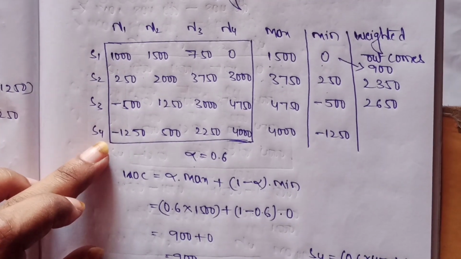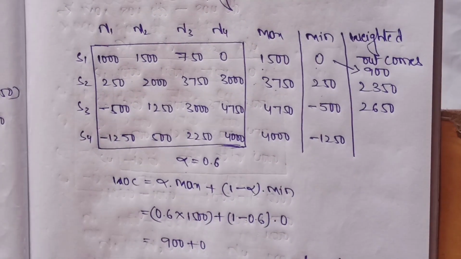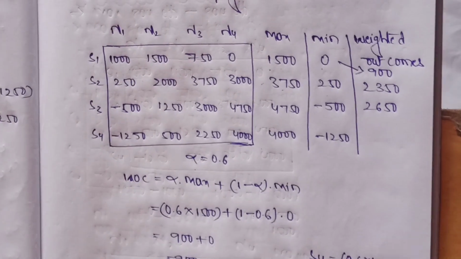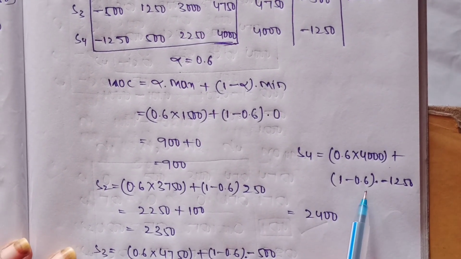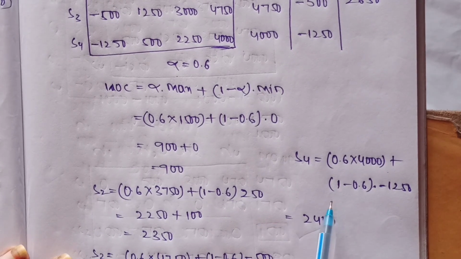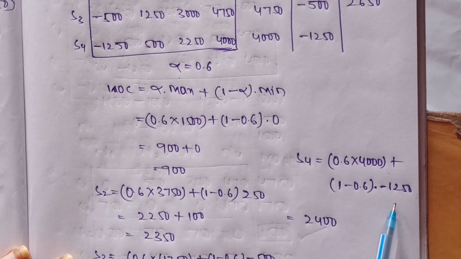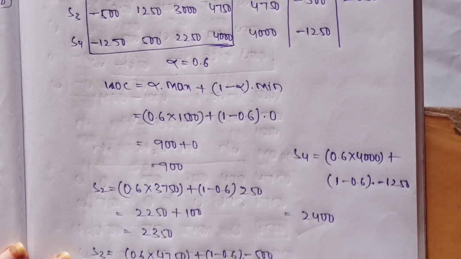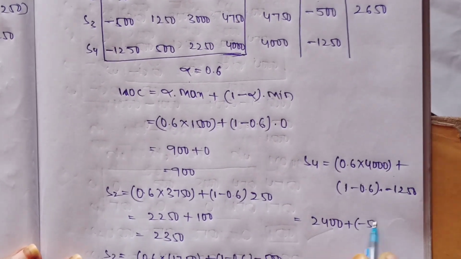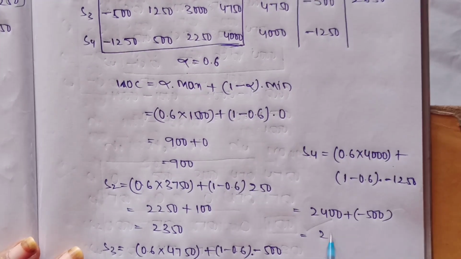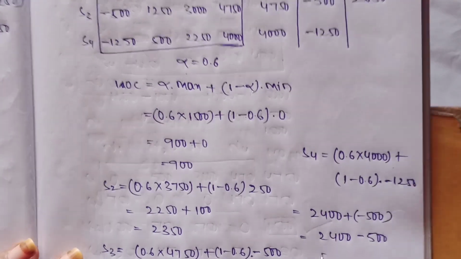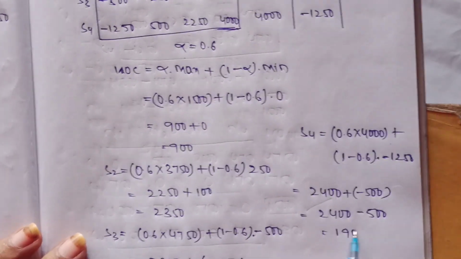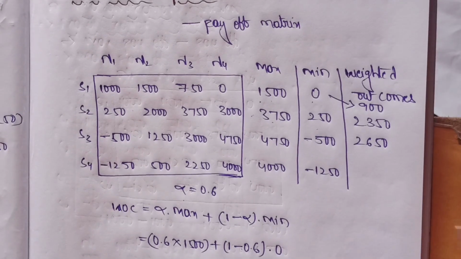So 0.6 into 4000 is equal to 2400, and 1 minus 0.6 is equal to 0.4 into minus 1250 is equal to minus 500. So 2400 plus minus 500 is equal to 1900. So here the value is 1900.